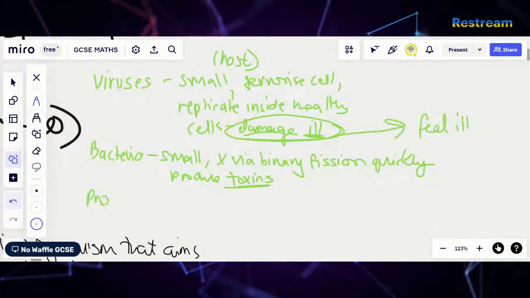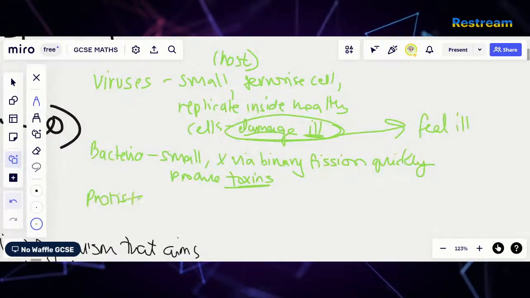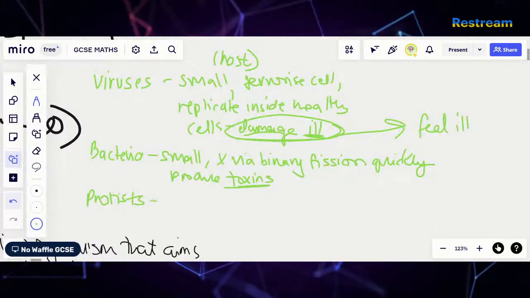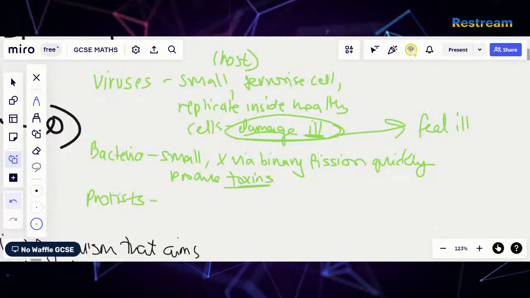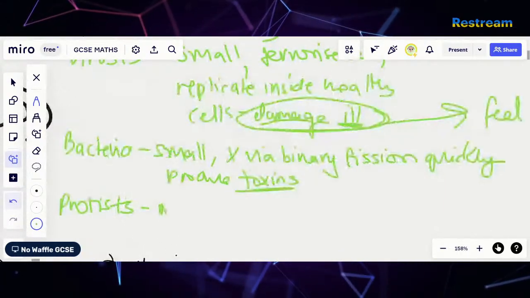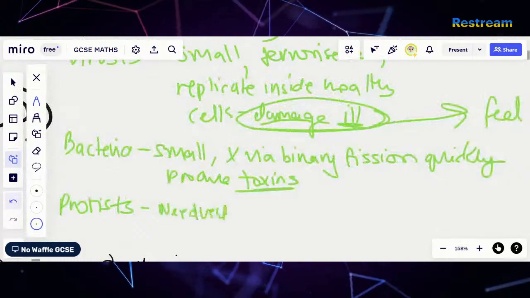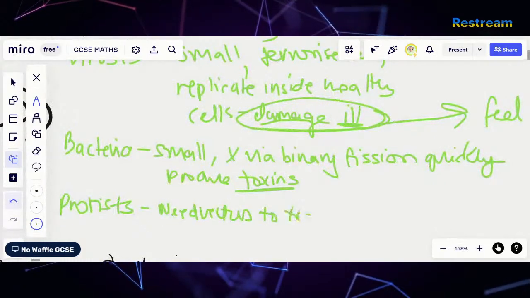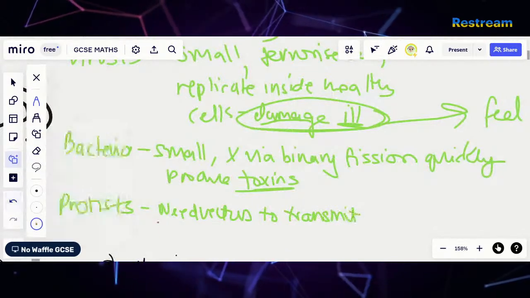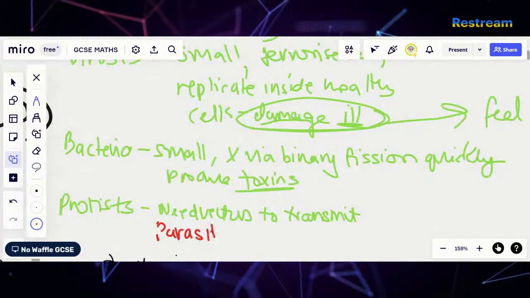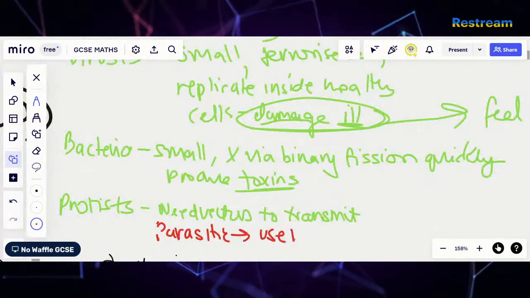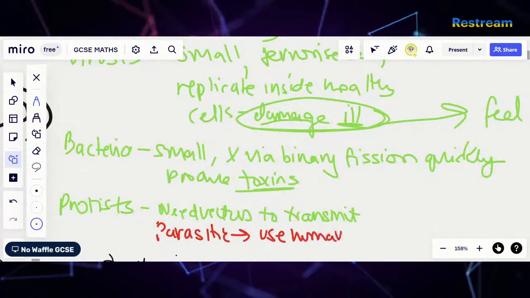Then we have protists, which, as we just saw, some are parasitic, which means that they use humans and animals as their host. So protists need vectors to transmit, and some are parasitic, and parasitic means that they use humans and animals as their host.